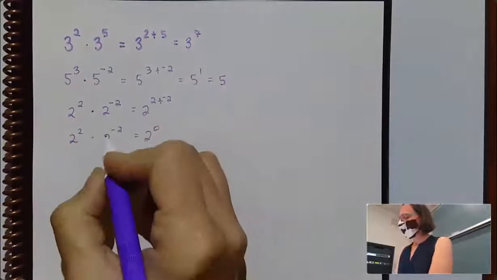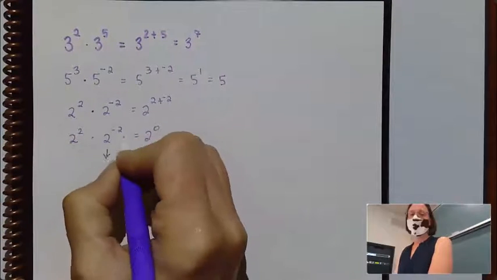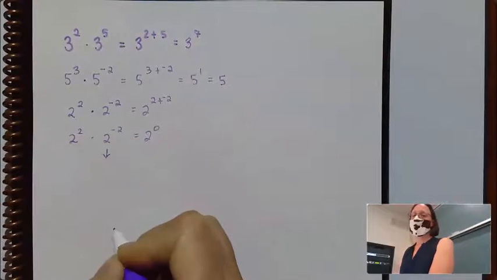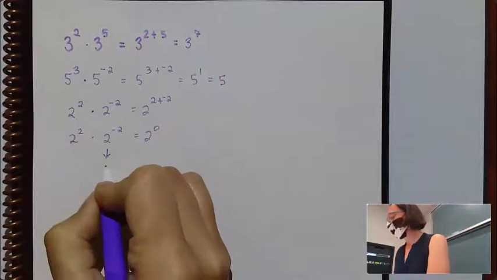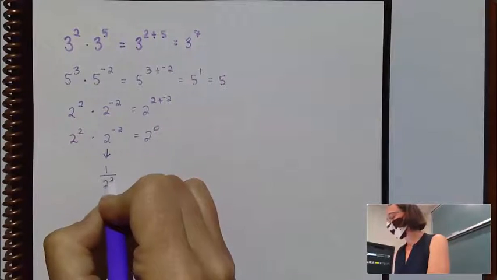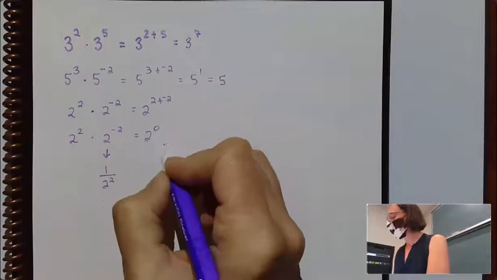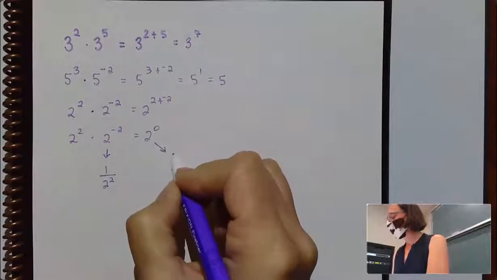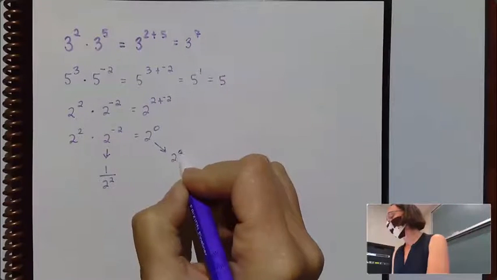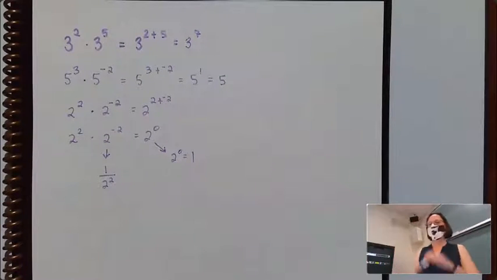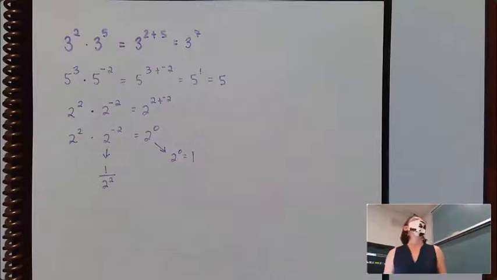And we talked about how that negative exponent we can actually think of as saying 1 divided by 2 squared. And that 2 to the 0 piece is equal to 1. And any number raised to the 0 power is equal to 1.